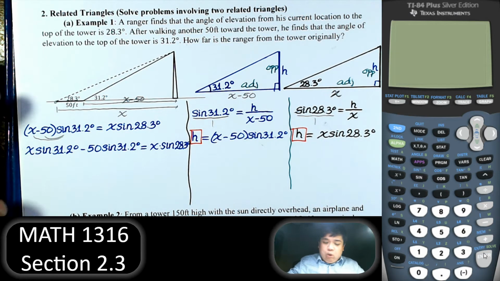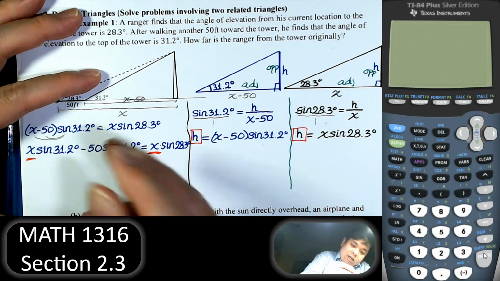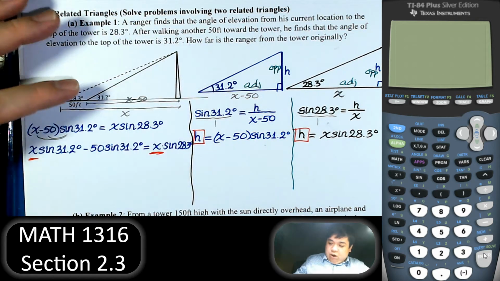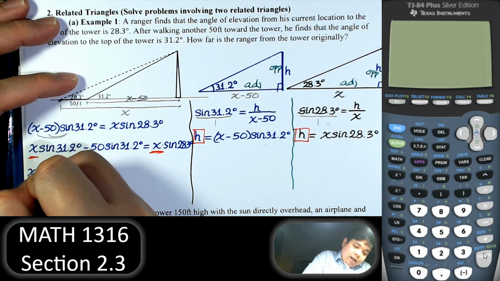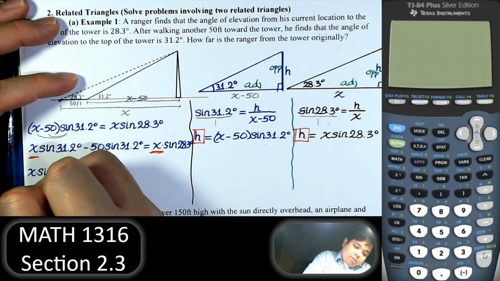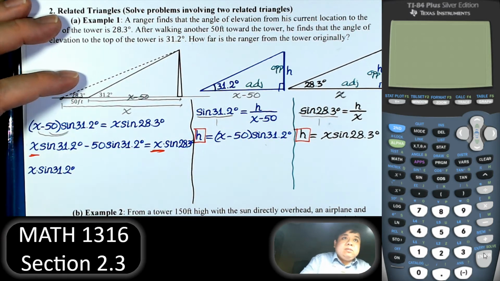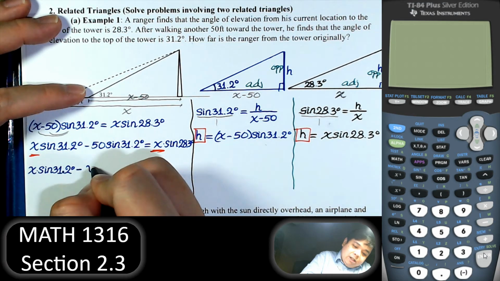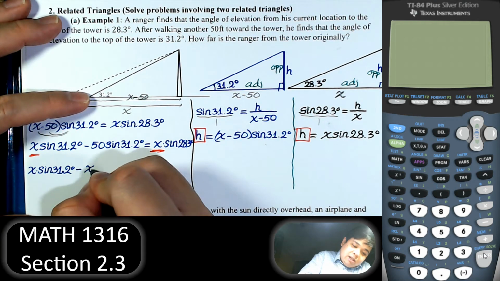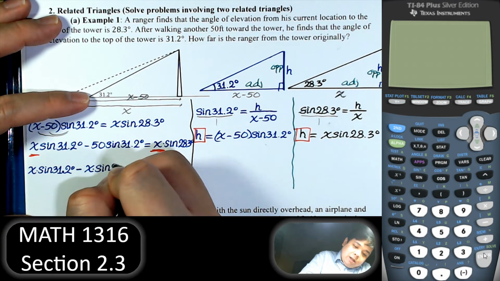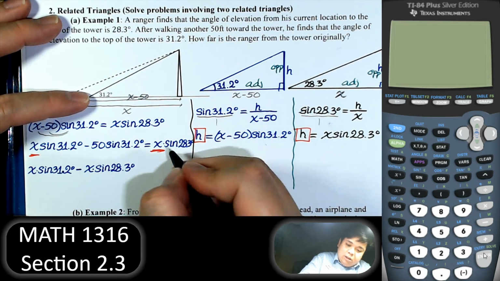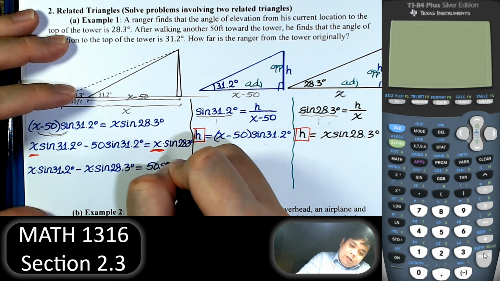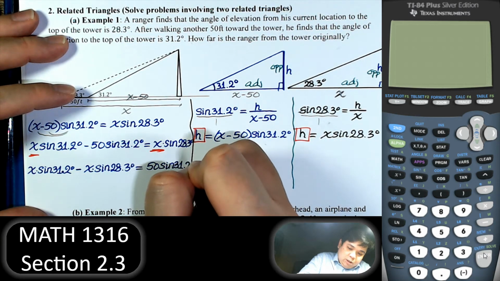Multiply them out. Now we solve for x. So move the x terms to one side: x times the function of 31.2 degrees, minus x times the function of 28.3 degrees, and move the other term to the other side: 50 times the function of 31.2 degrees.